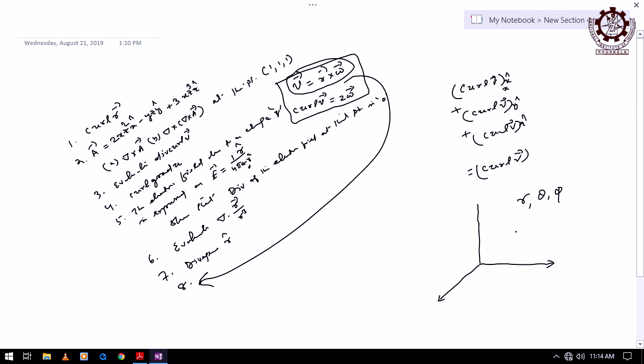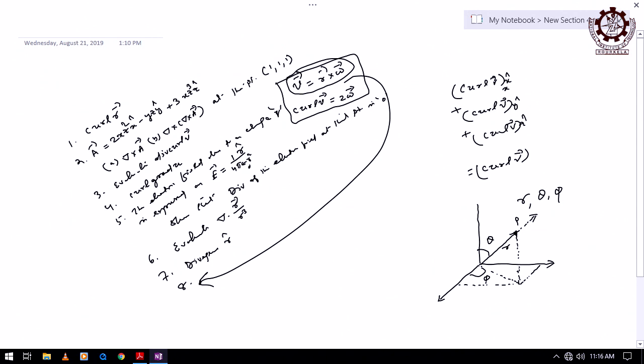Suppose for example, here is a point, let us say P, then it goes in this direction, and from this point if you draw a perpendicular, then it will go here, and this angle is your theta, this is your r up to this point P, and this angle is phi.